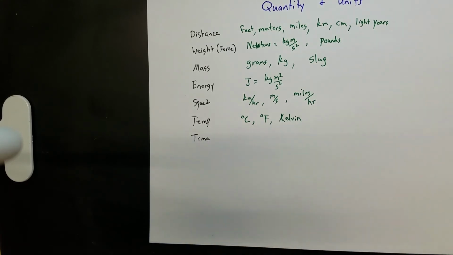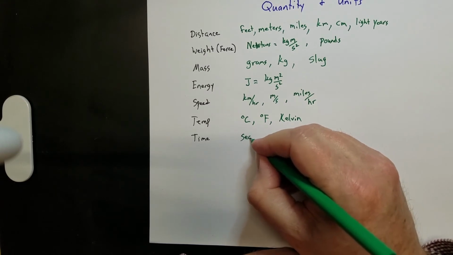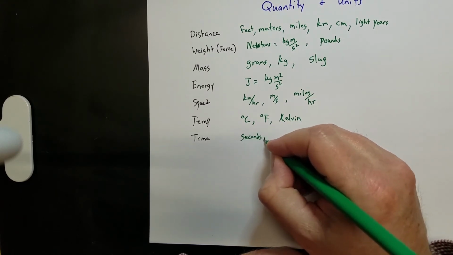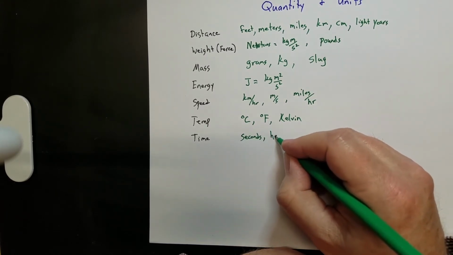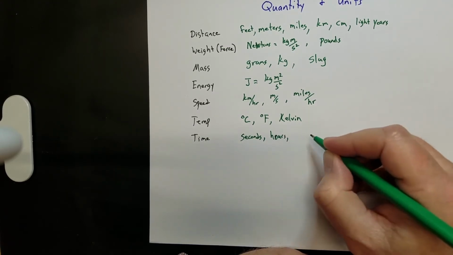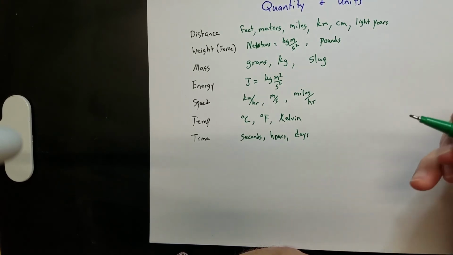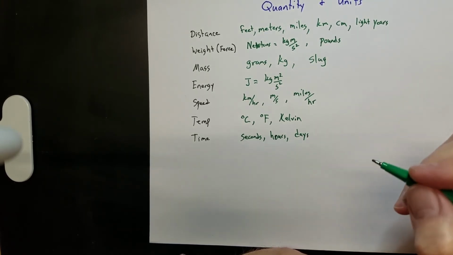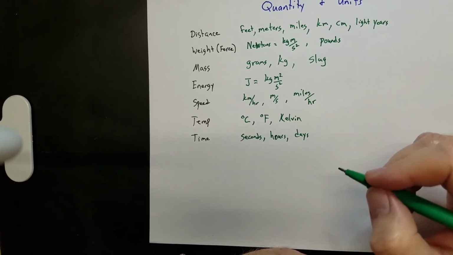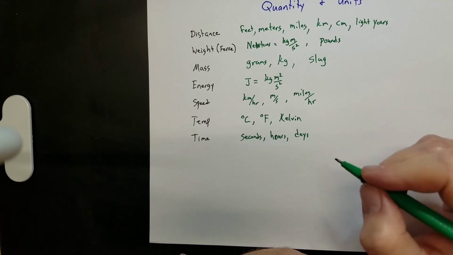And we've got a lot of units for time, sort of like distance. We can measure in seconds, minutes, hours, days, centuries, millennia, milliseconds, nanoseconds, eons, well, whatever that is. We can measure in a lot of different things with time.